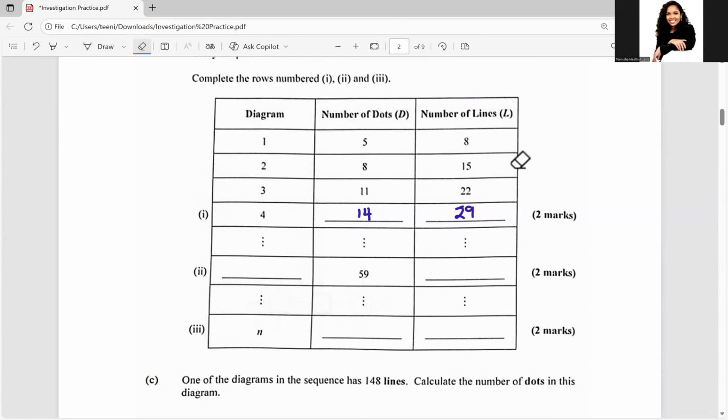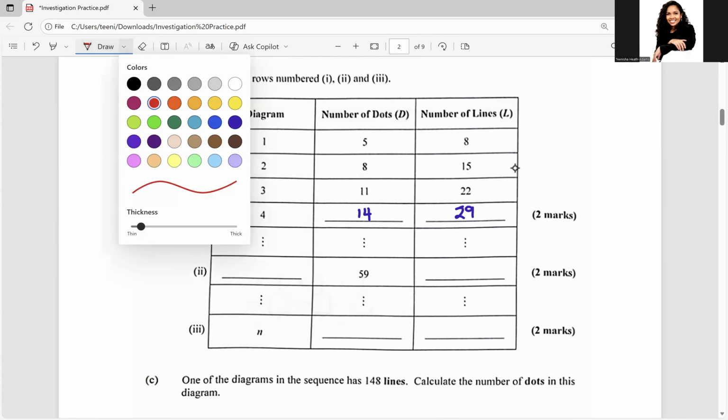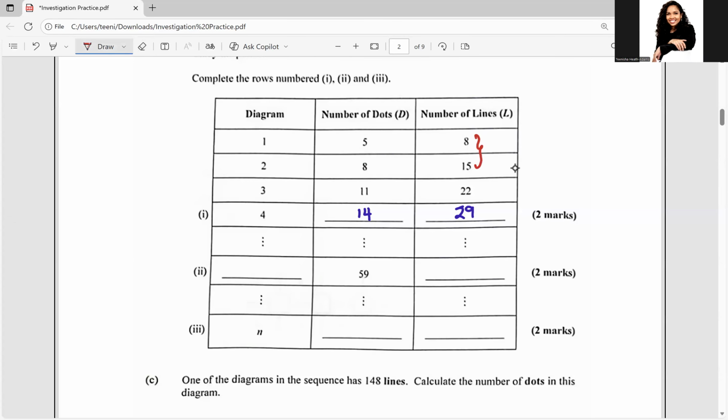Yeah, that part made sense. And now with the lines, it's exactly the same thing we're doing. What is the difference between 8 and 15? 7. 15 take away 8 is 7. 8 plus 7 is 15. And isn't that the same between 15 and 22?